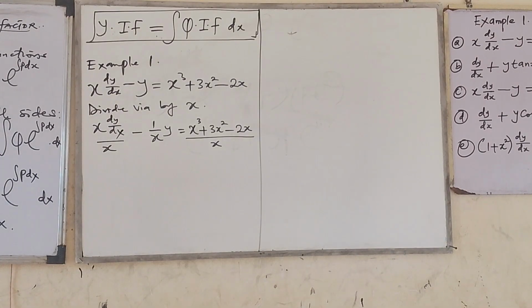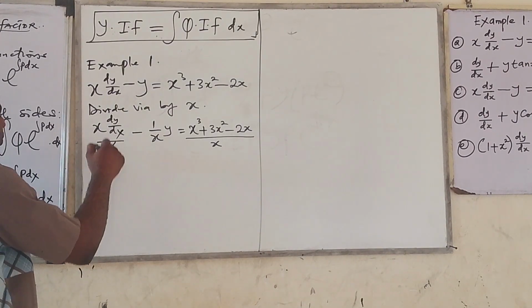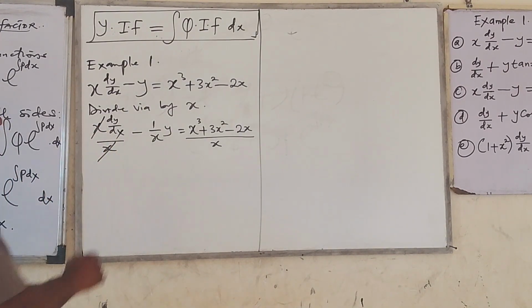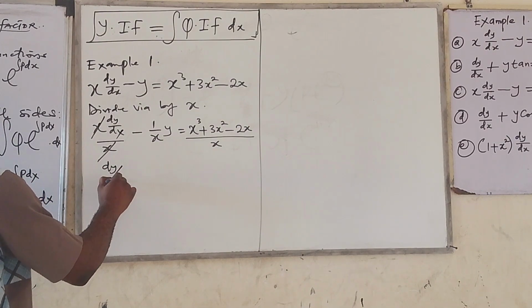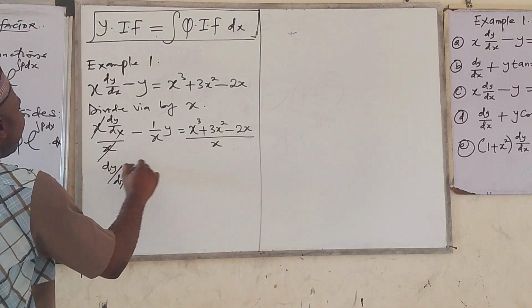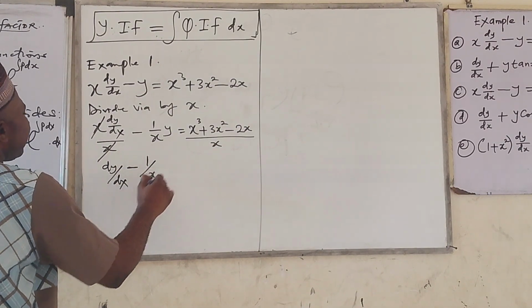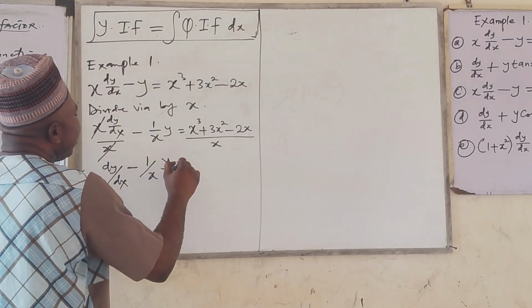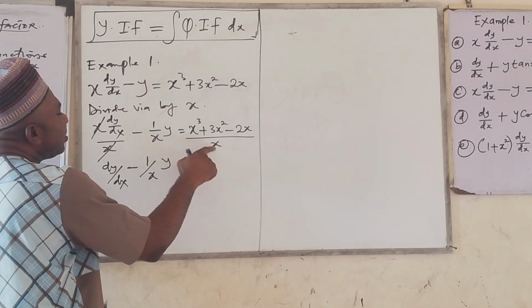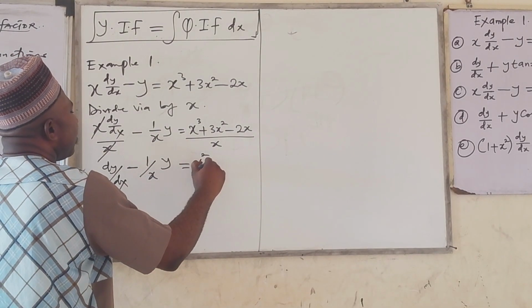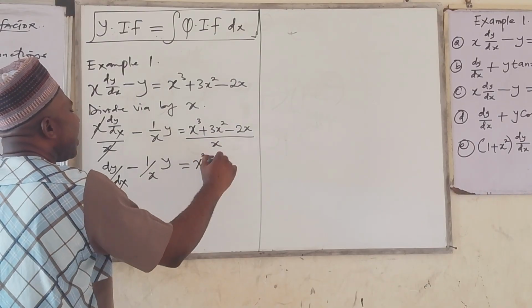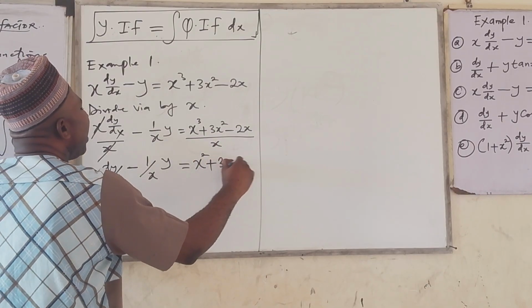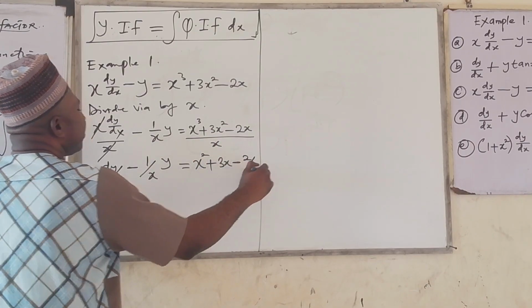So the x cancels and we are left with dy/dx minus 1 all over x y. And here we have x cubed divided by x is x squared, plus 3x squared divided by x is 3x.